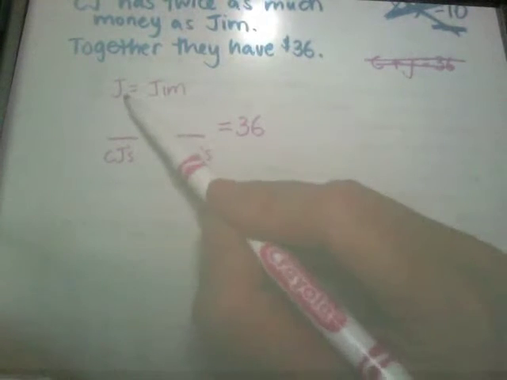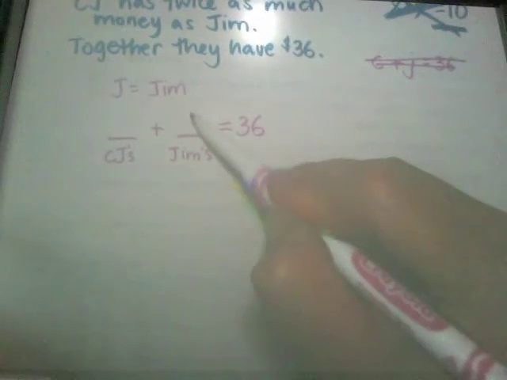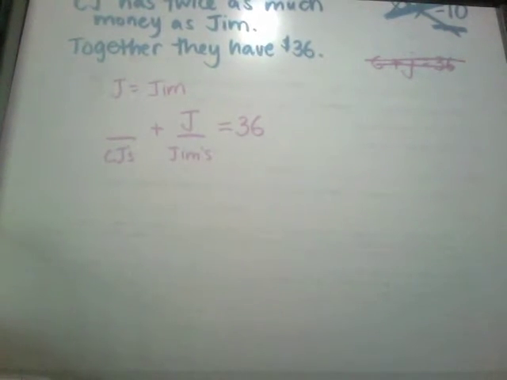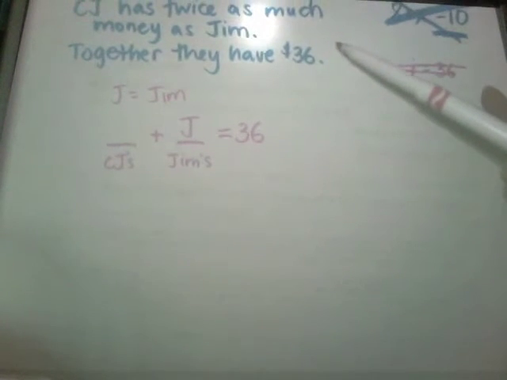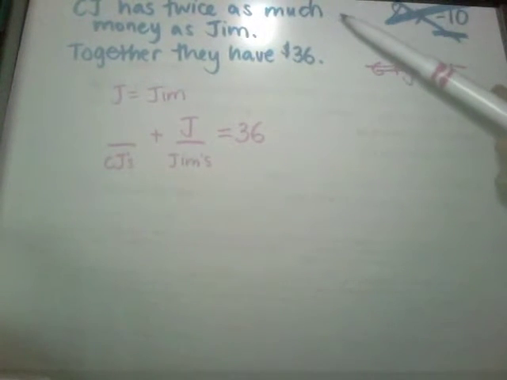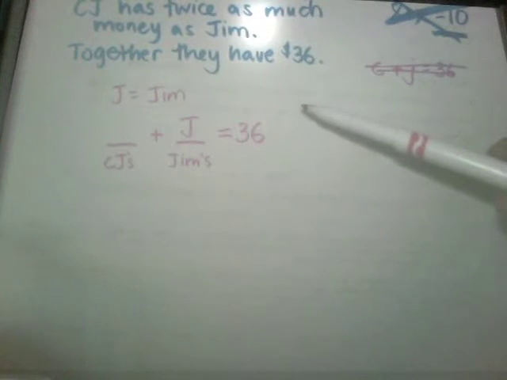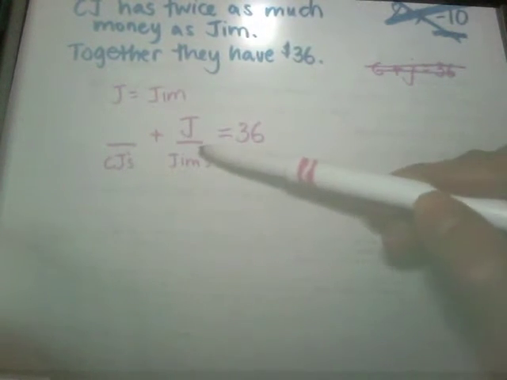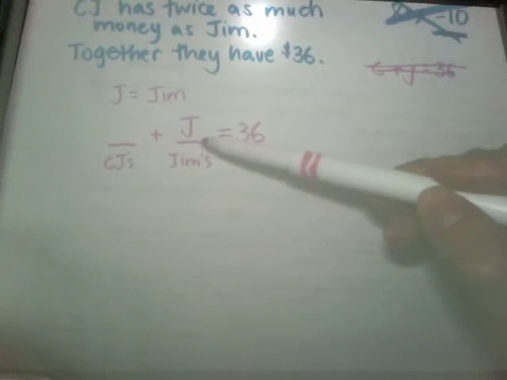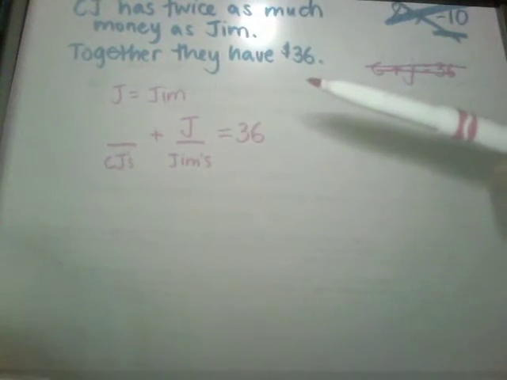Now, Jim's money, I'm going to use J for that. Now using J, I can't use a C for CJ. Using J, I look back at the information. CJ has twice as much money as Jim. If Jim has J dollars, how do I use J to represent CJ's amount? I see a few ideas.